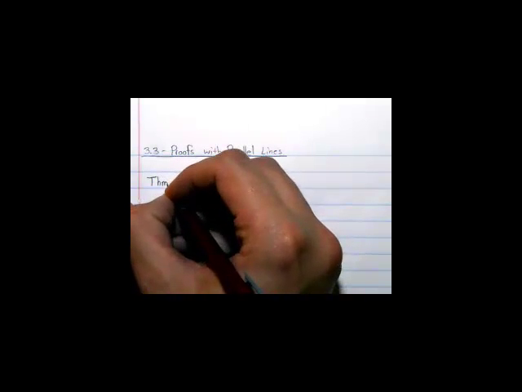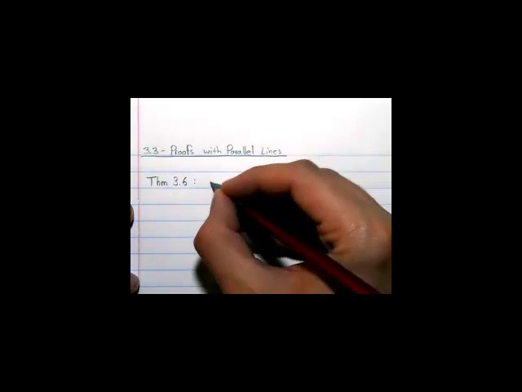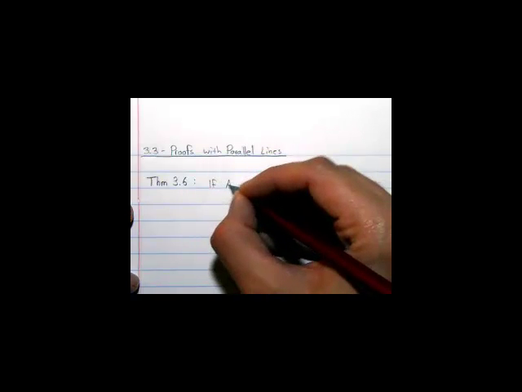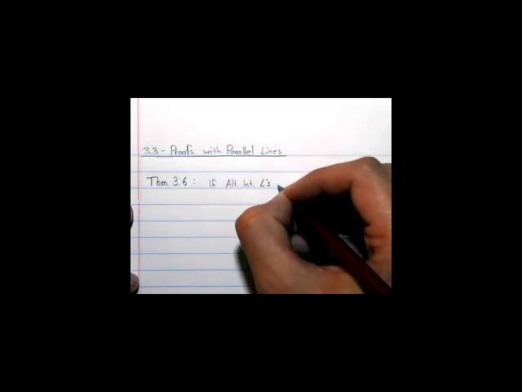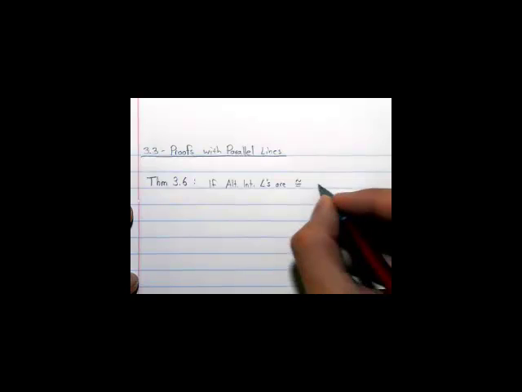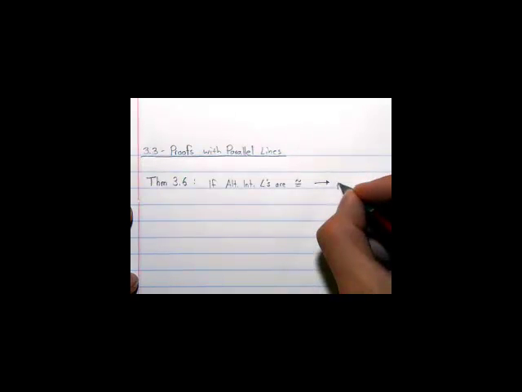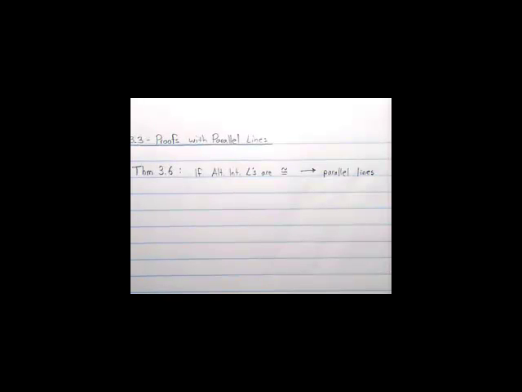So you have theorem 3.6. And it basically states this.